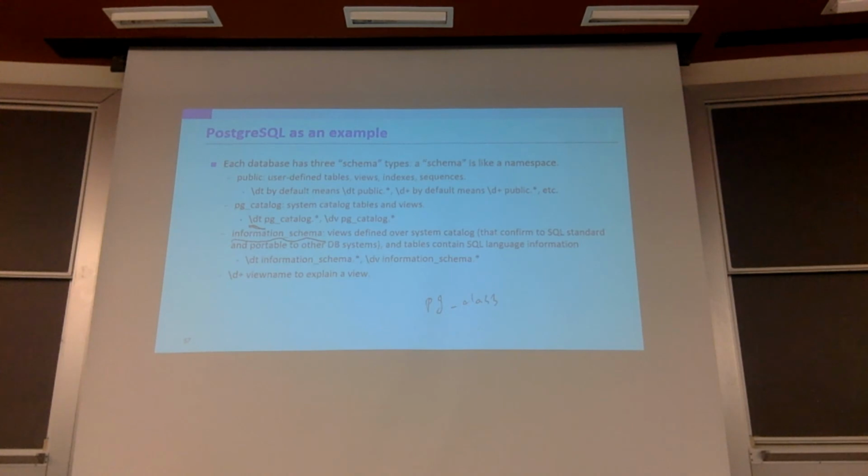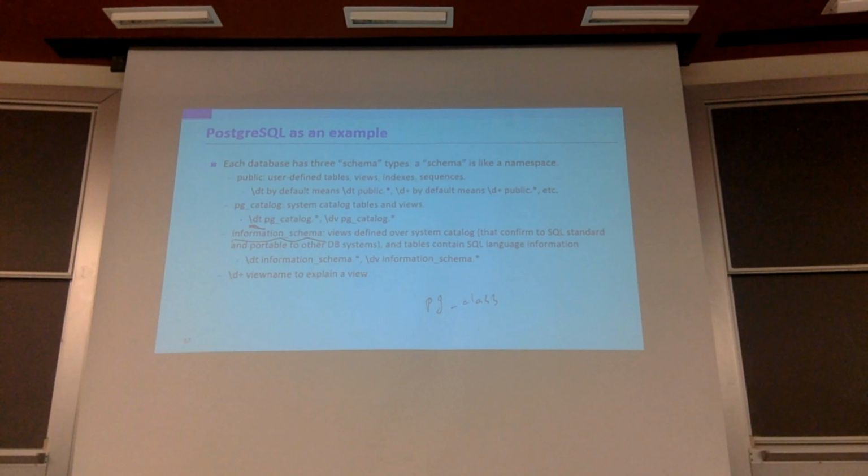This is actually a view. You will have this view on almost all standard-conforming systems, like in MySQL, in PostgreSQL, in SQL Server, in Oracle. But it does not necessarily contain all the information that a particular database system will record.